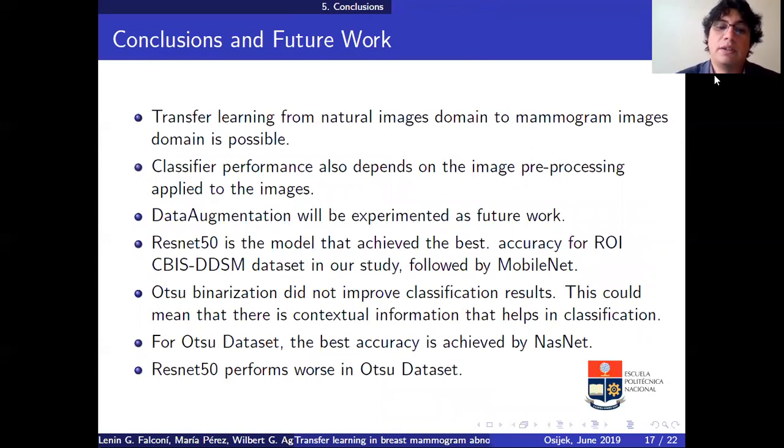For them, binarization helped to achieve better results. In our case, it seems that for our dataset and our methodology, Otsu is still not helping to achieve better classification accuracy. We have a conflict because ResNet is good for the dataset that still has breast tissue, but it's not good for the one with binarization.